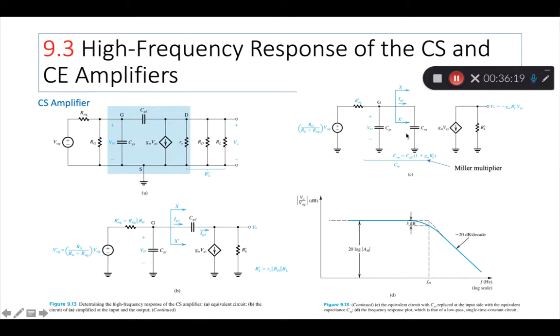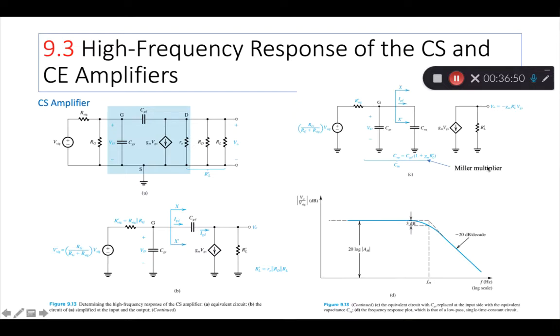And using this, if you plot the actual frequency response plot, it looks like this. And like it tells you here, it's a low pass single time constant circuit. Low pass means the frequencies lower than the cutoff frequency are allowed to pass. That means the amplification happens.